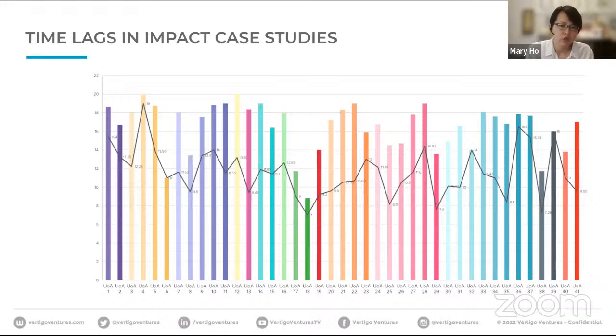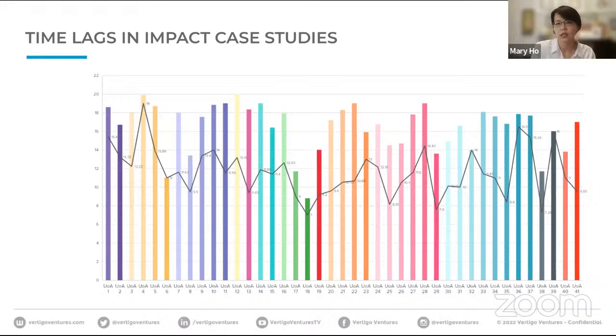For the average range, the UOAs that took the longest time for developed research to realize impacts within the allowable time window included UOA 4 clinical dentistry, which took 19 years, UOA 36 philosophy, which took 16 and a half years, UOA 1 biological science, 15 years, and also UOA 37 religious studies, also 15 years.